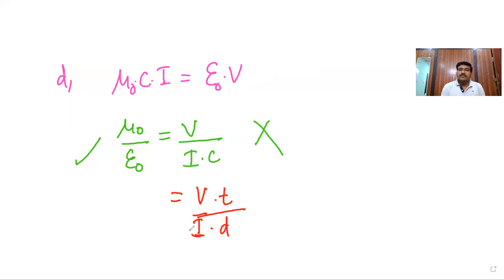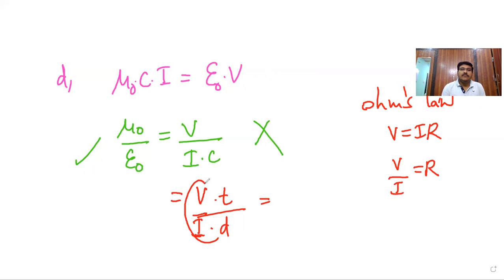Observe carefully. If you simplify this again using Ohm's law, what is Ohm's law? From Ohm's law, V is equal to IR. So V by I is equal to resistance R. If I simplify this term, V by I is R into time T by D, time by the distance.